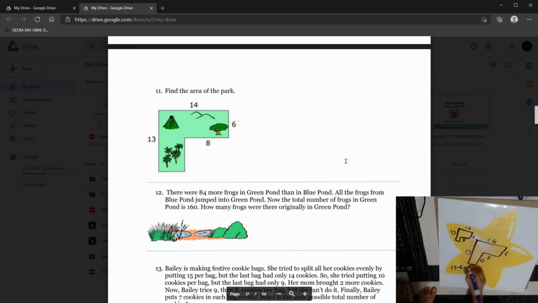And this would be 7. So that side would be 7. And so now we would do the 182 minus 8 times 7, which is the area of this. And that would be 8 times 7 equals 56.